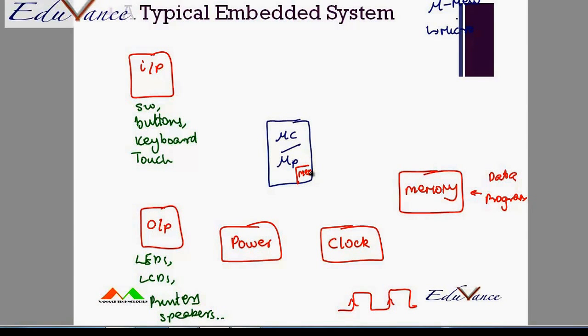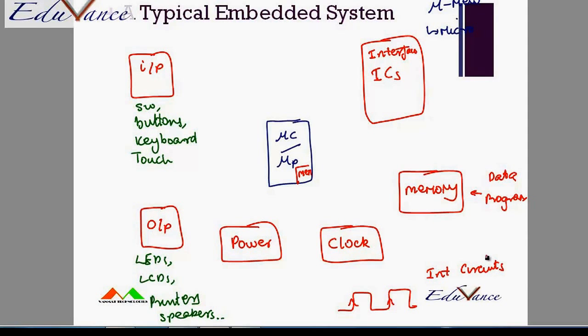Okay. Then we have another category, which is a very important category. They are called as interface ICs. ICs stands for integrated circuits. So in interface ICs, you would have your ADCs, which is your analog to digital converter.